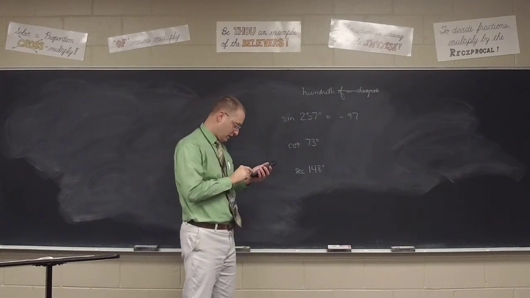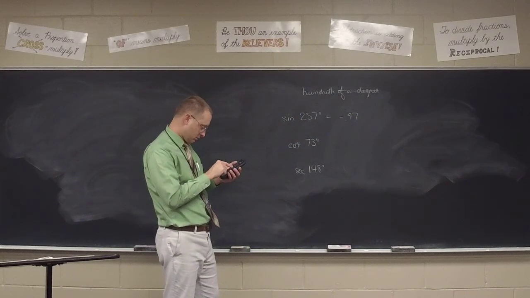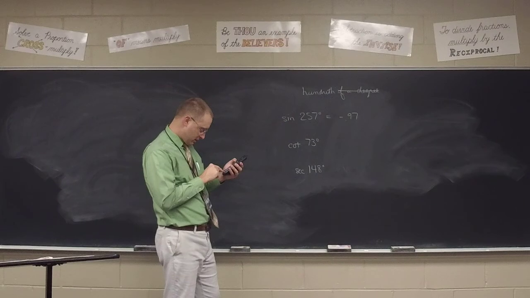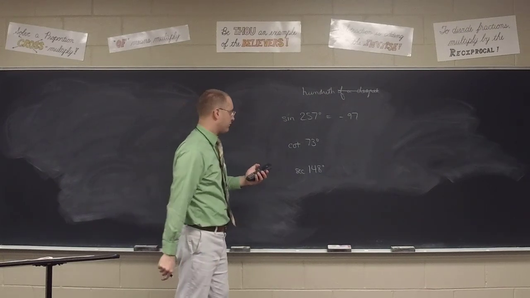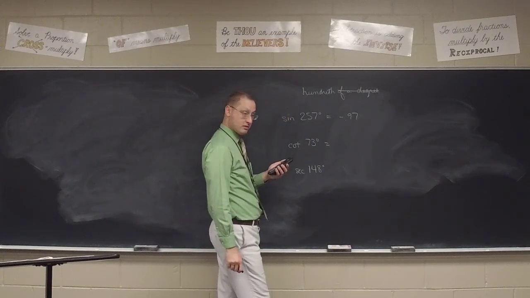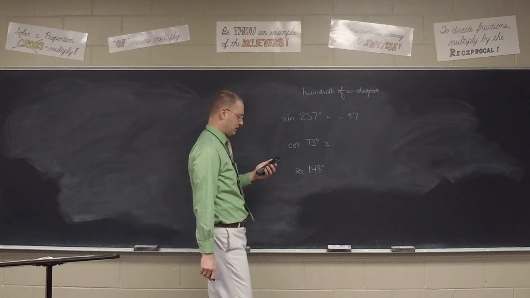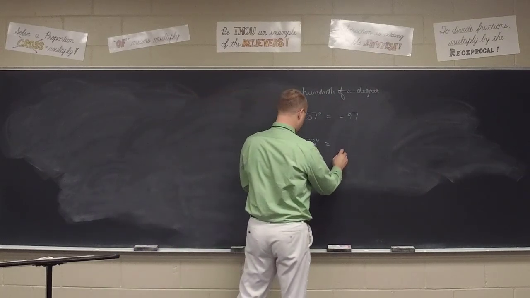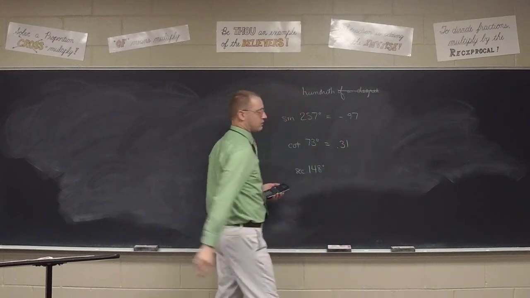What is the cotangent of 73 degrees? I got 0.78, but I don't know if that's right. I got 0.30 or 0.31 when you round.